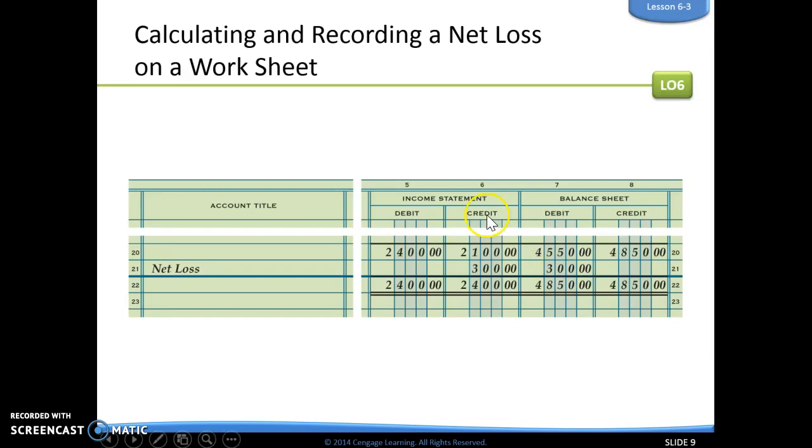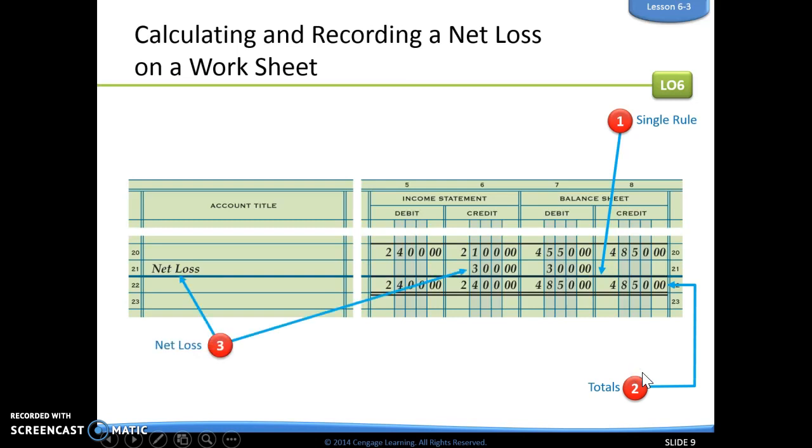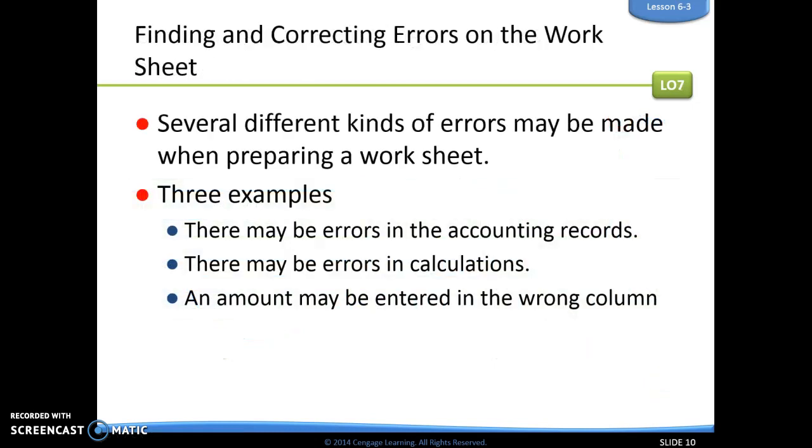The other way that we can look at it is this income statement debit, these were our expenses. So here our expenses are larger than our sales, which would be our income statement credit. That also tells us that we have a net loss. They're doing the same thing, single line ruling, putting in those totals and making sure that our income statement totals equal and our balance sheet totals equal.